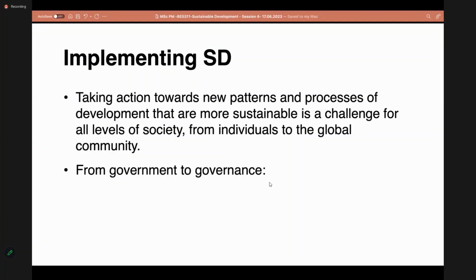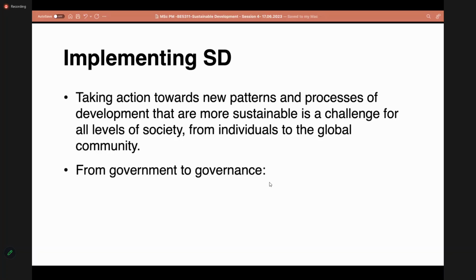So when it comes to implementing sustainable development, it involves us taking some actions towards new patterns of development that are actually more sustainable. This is a big challenge, isn't it? Normally we think of development in terms of economic development or GDP growth.